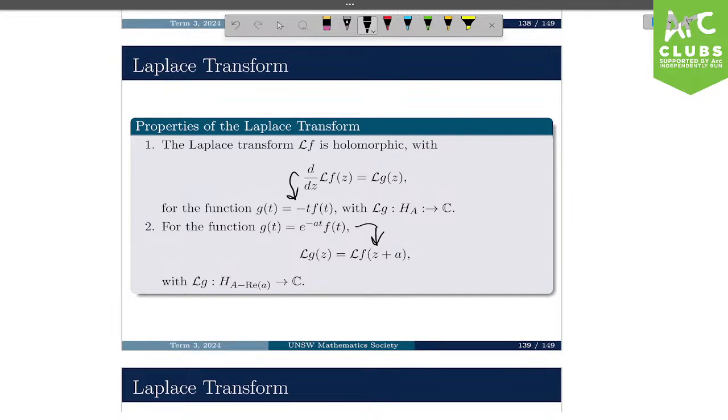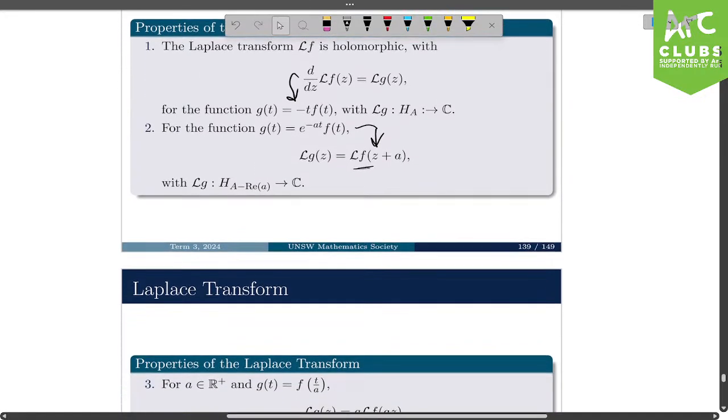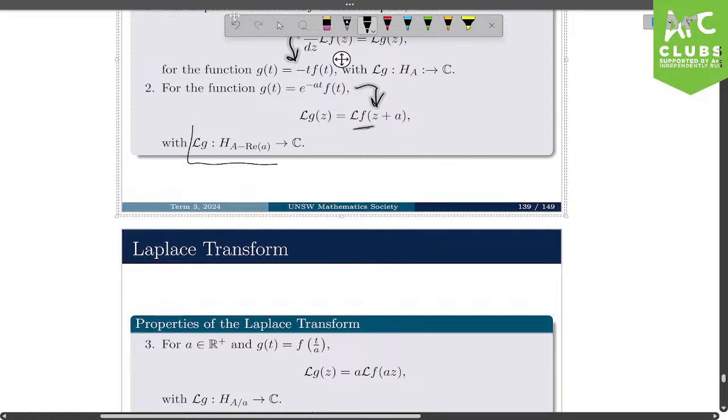Also, we can consider, I think you would call this frequency shifting, but anyways, this is how you shift functions across left and right. So if my function is multiplied by e to the minus at, it is just pushing the Laplace transform of that function in that direction. By saying minus at up here, that translates to push it to the left by a. Mind you, this is with appropriate changes in the domain.